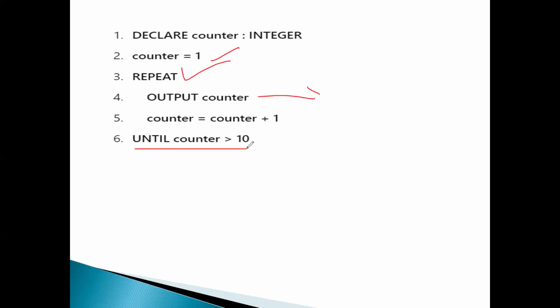First, the initial value is counter equal to 1, so the output will be 1. Now the counter becomes 2, because 1 plus 1 is 2. Now we check the condition: 2 greater than 10. Is this true or false?